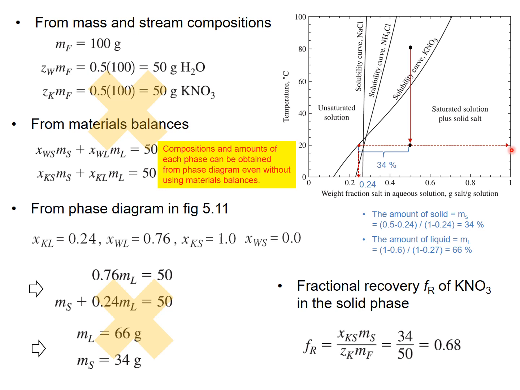So let me read the mass fraction. For the saturated solution, there is 0.24 mass fraction of potassium nitrate in liquid.